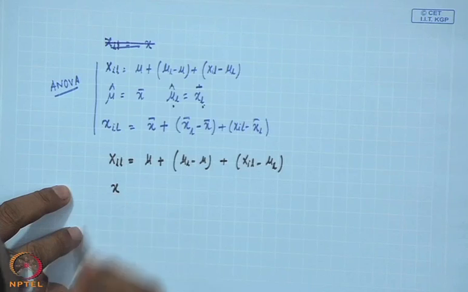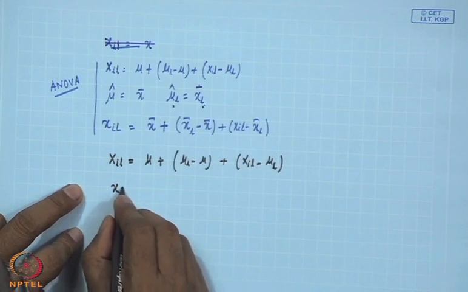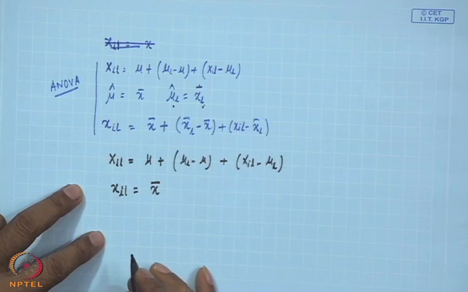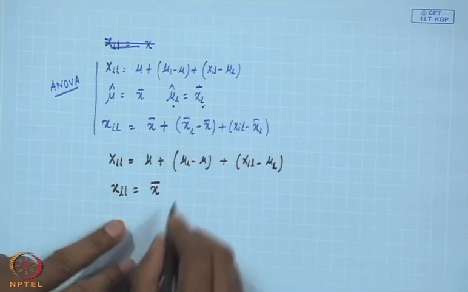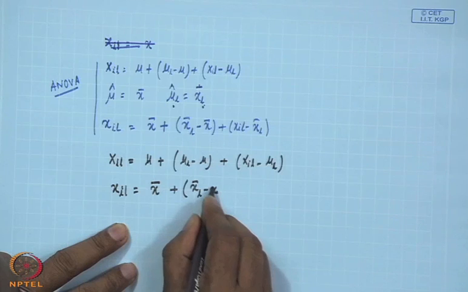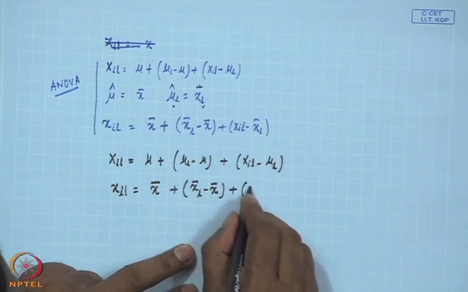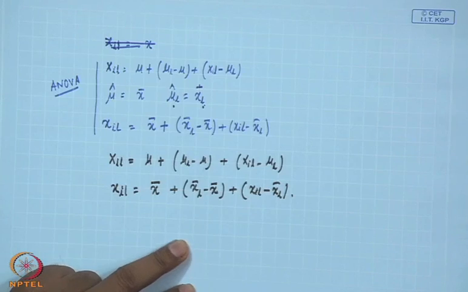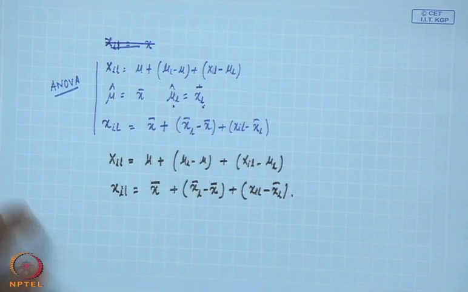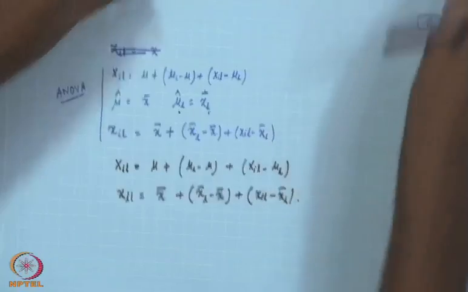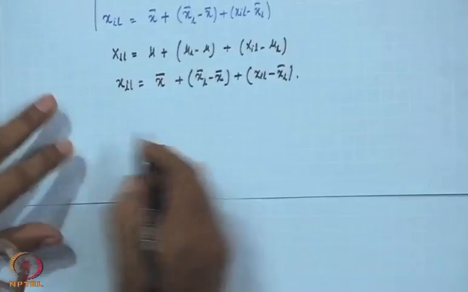So, we are writing a vector XIL, which is x bar, that is the sample mean vector, plus XL bar minus x bar plus XIL minus XL bar. Okay. So, you can write very easily, you have probably seen this earlier.